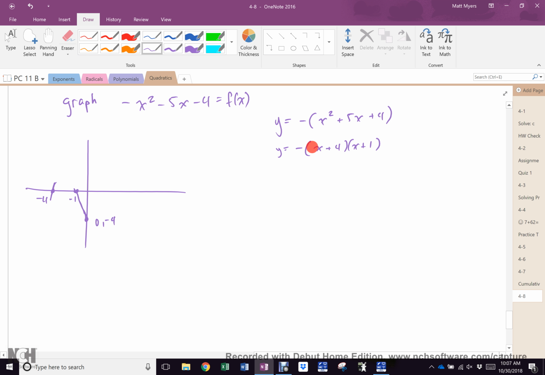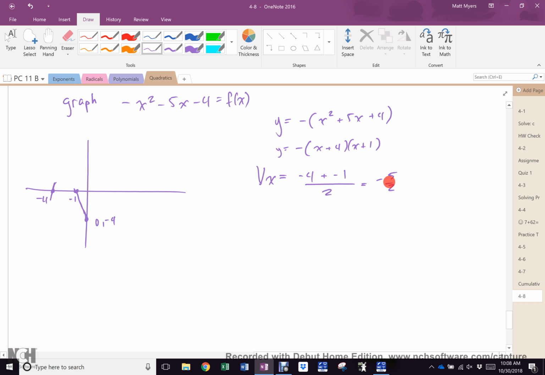What's the only thing missing? Vertex. Can I find the vertex here? I can, can't I? The vertex x is negative 4 plus negative 1 divided by 2, isn't it? Which is what? Negative 5 halves, correct?